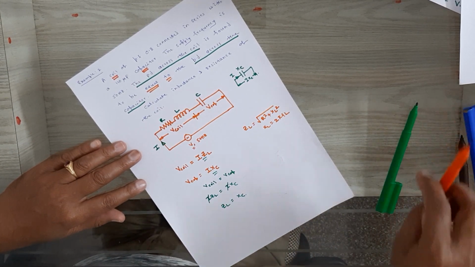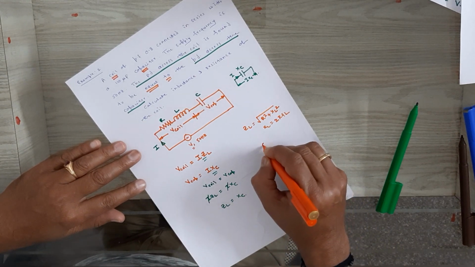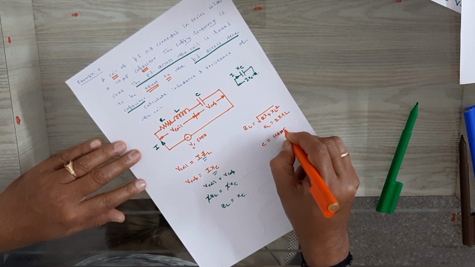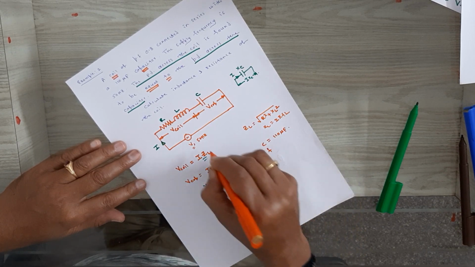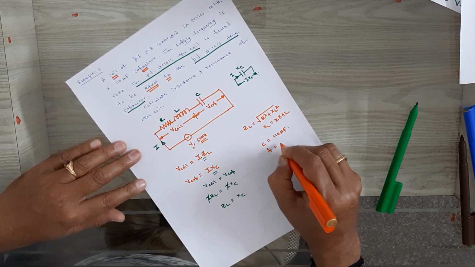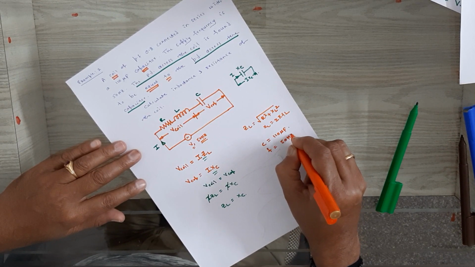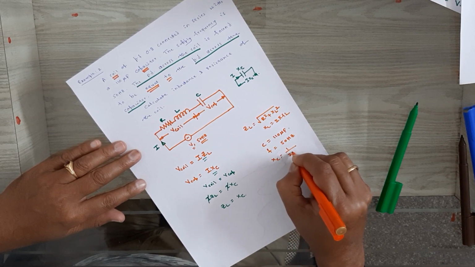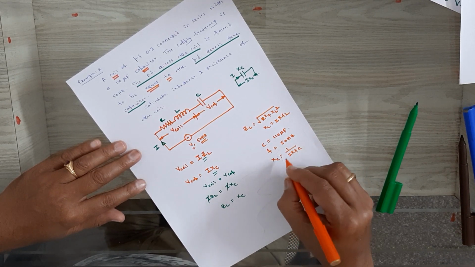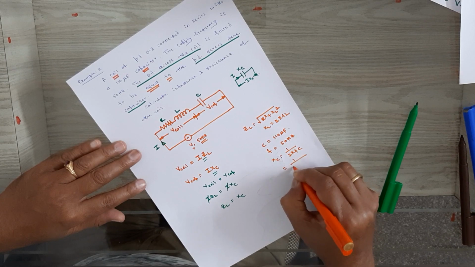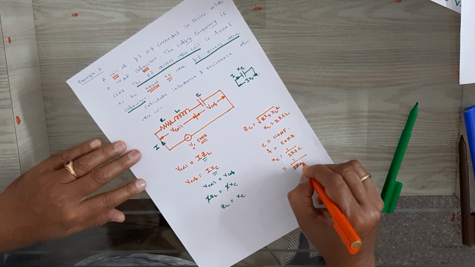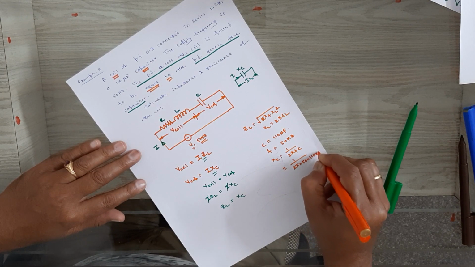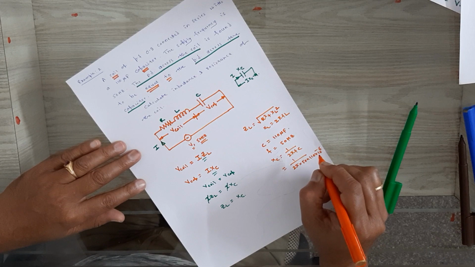Then what is XC? The capacitor is given. The value of the capacitance C is equal to 110 microfarad, and frequency is also given, that is 50 Hertz. Then find out what is the XC. XC is equal to 1 by 2 pi FC. You substitute the values there. This is 2 pi into 50, C is 110 into 10 raised to minus 6.